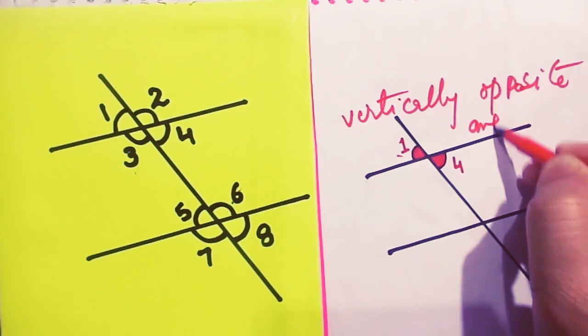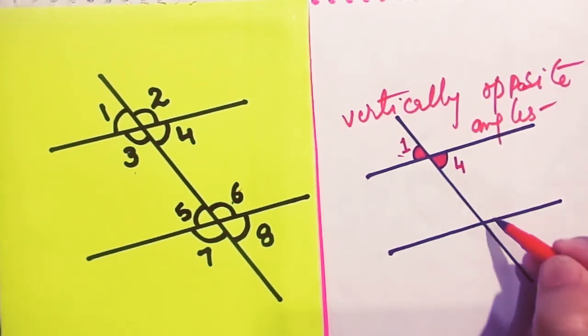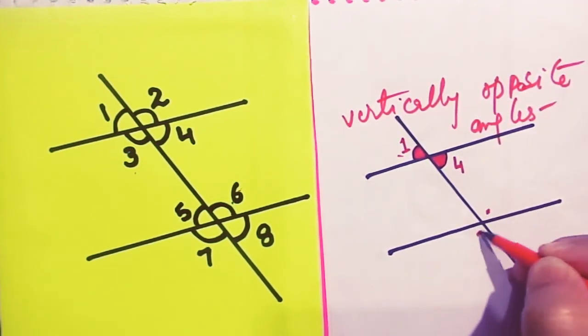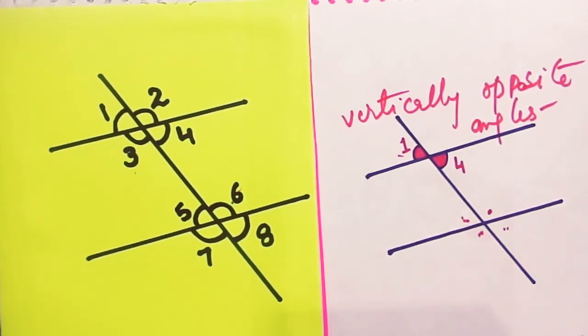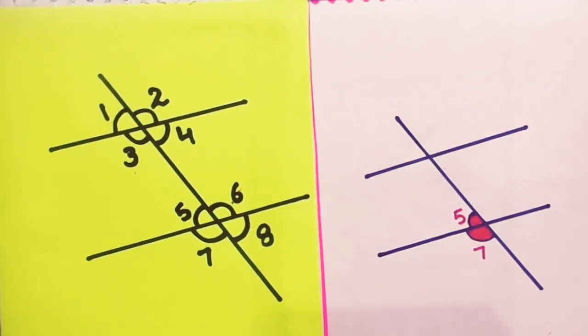Similarly here these are vertically opposite angles, these are vertically opposite angles, and vertically opposite angles are always equal, isn't it?